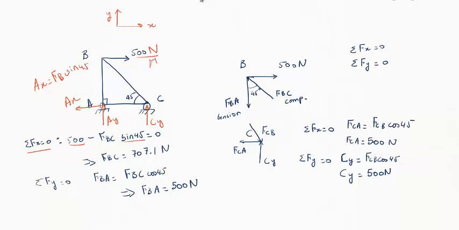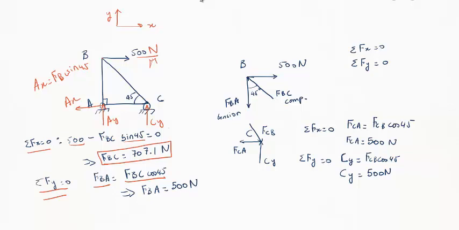It's the same thing. So we know that FBC is 707.1 newtons, and doing the same thing, summing the forces in the Y direction, we have FBA equals FBC cosine 45.